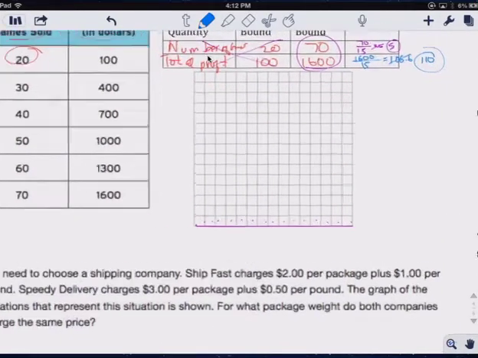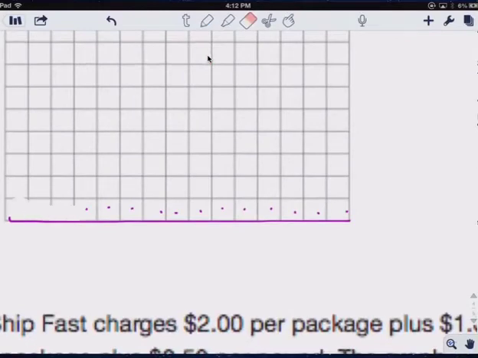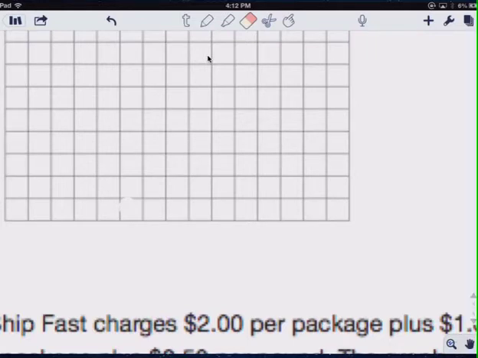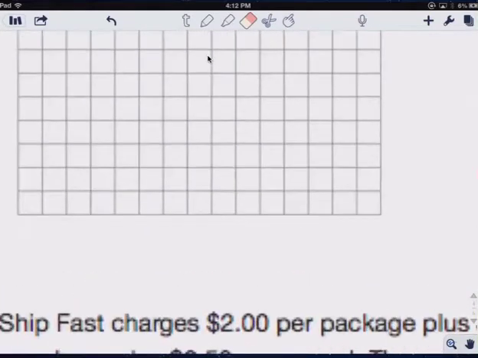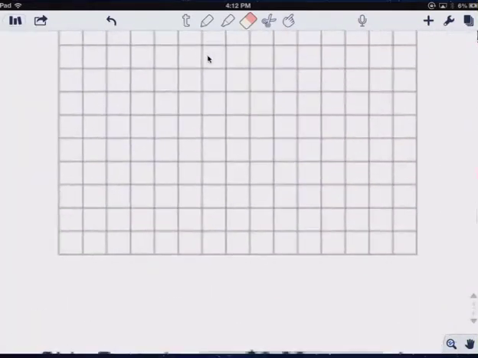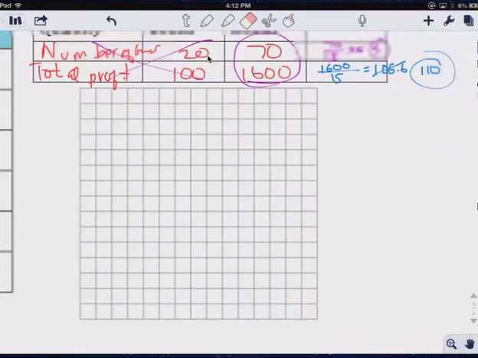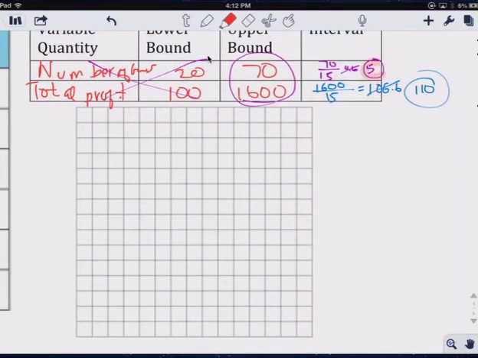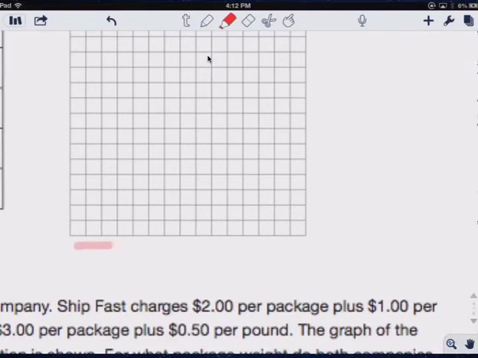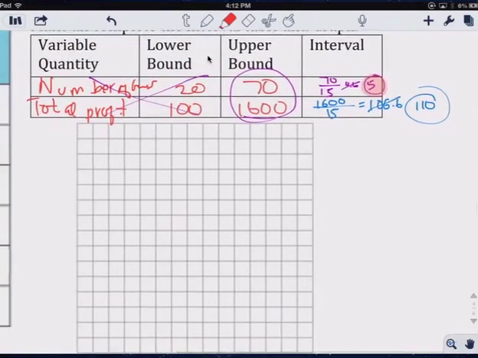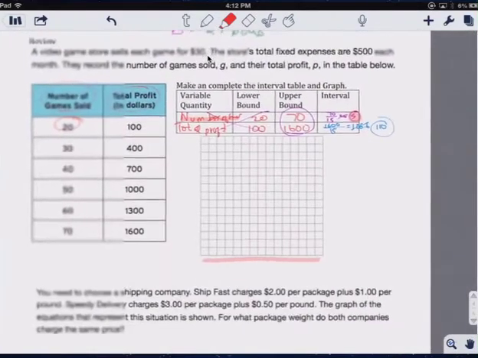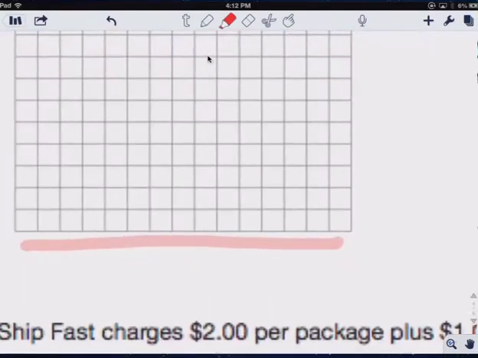So that tells me here, okay, that means we number here by 5s. This number here tells us we number that by 5s because that's the number of games sold.